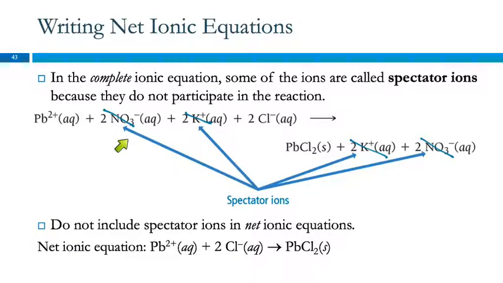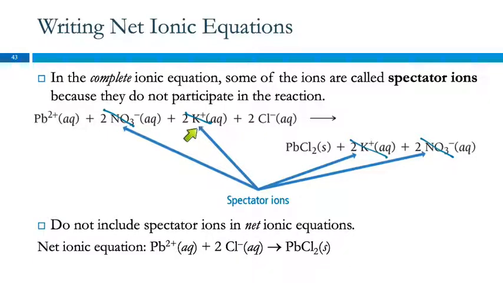The nitrate ion and the potassium ion, I guess you could say there's a rule at this party. You have to bring a date. You can't show up by yourself. You have to bring a date. And so lead brought nitrate. Would it matter if lead brought somebody else? No, he just had to bring somebody, right? And chloride had to bring somebody.